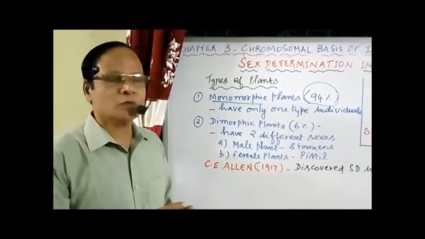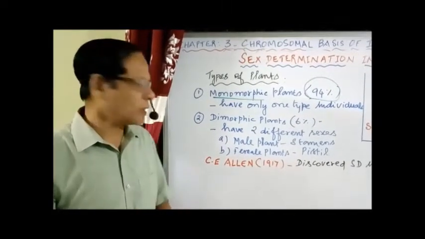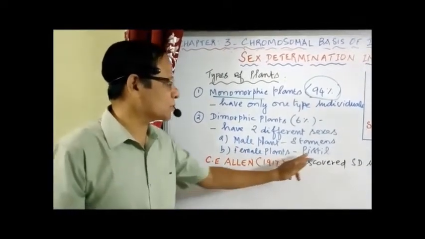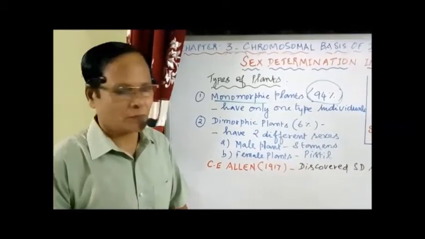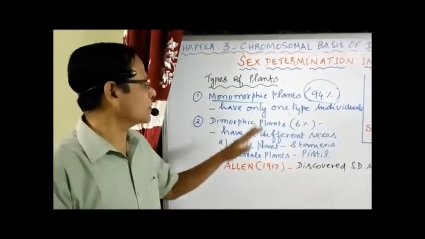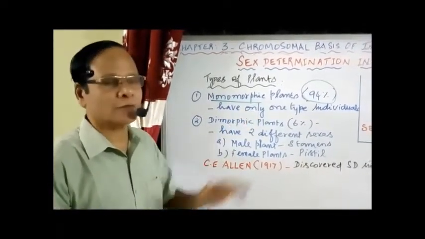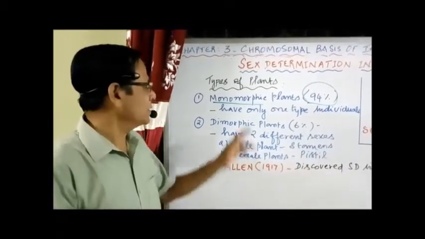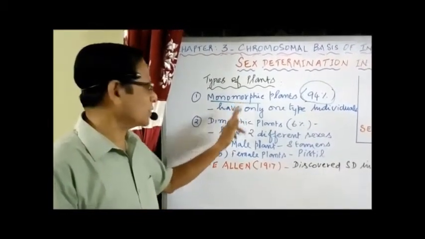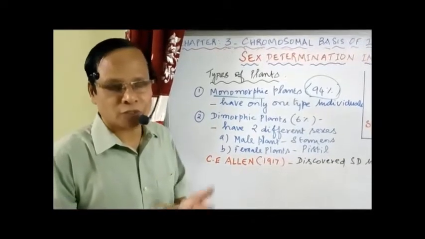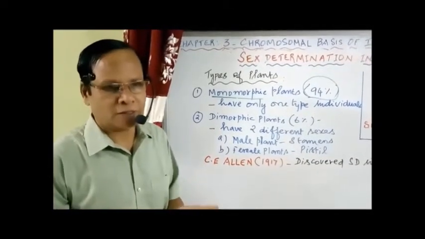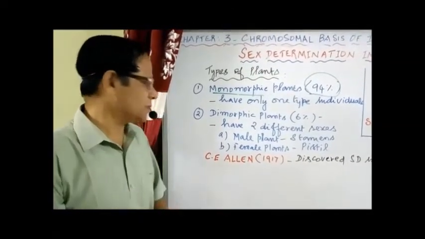The male plant produces only the stamens, and the female plants produce the pistil, the female part. This is what we have: monomorphic plants, dimorphic plants. Simply, this one is bisexual and this one has different sexes, unisexual plants.